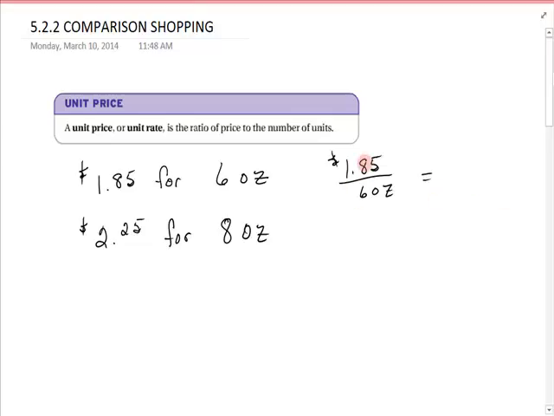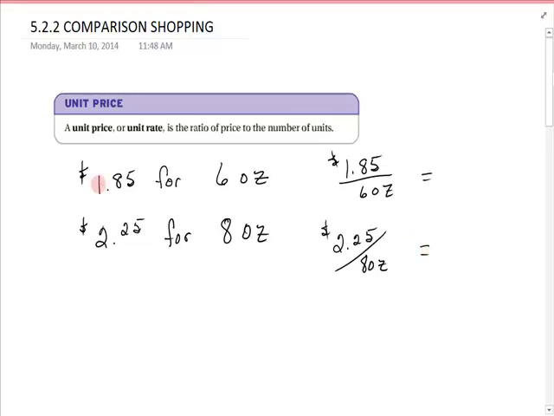So you would divide the 6 into the 185. For this one, it would be $2.25 for 8 ounces, and you would divide 8 into 225, and you would find out what it cost per ounce.